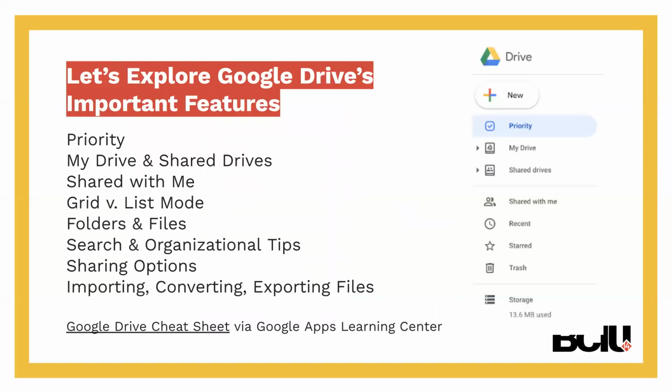So we're going to go through all the features of Drive. I'm going to go out into my Drive and show you how it's a little bit messy right now, which is not what I prefer to show you. But we're going to look at the priority inbox space, which some of you might not have turned on in your domain. One thing I want to talk to you about with G Suite is that your Google for Education administrators, whoever they are on the tech side, whoever's managing that, they can turn things on and off for your organization.